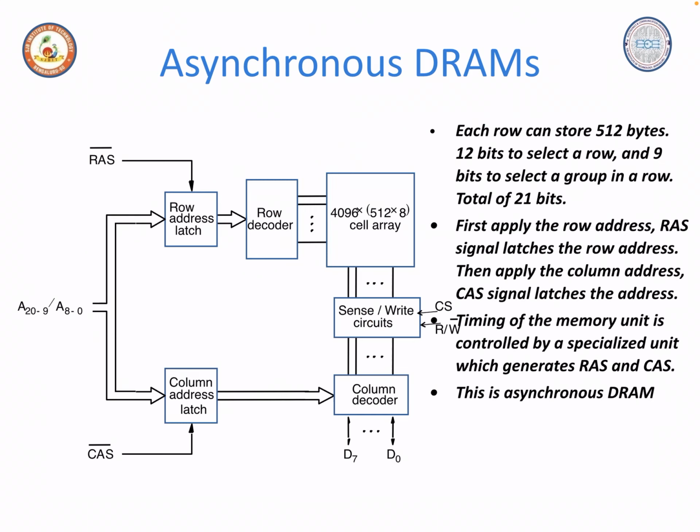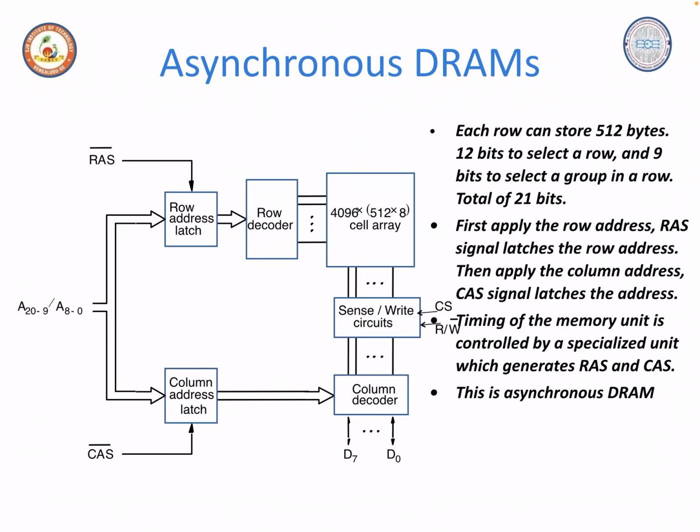And again for 4K, how many address lines do you need? For 1K you need 10 bits, for 2K you need 11 bits, for 4K you need 12 bits. For 256 you need 8 bits, for 512 you need 9 bits.